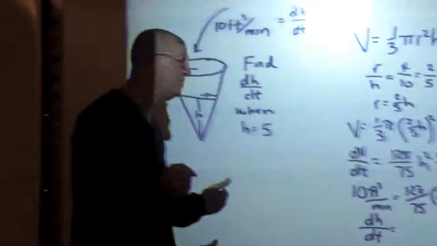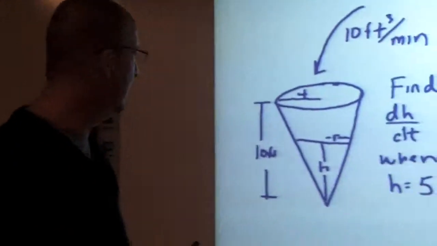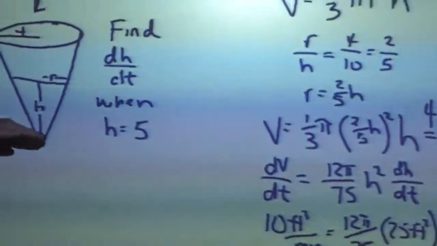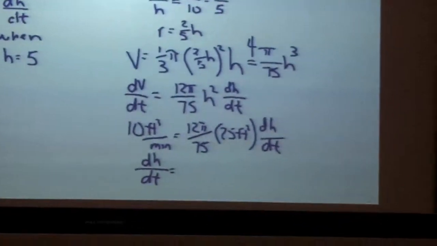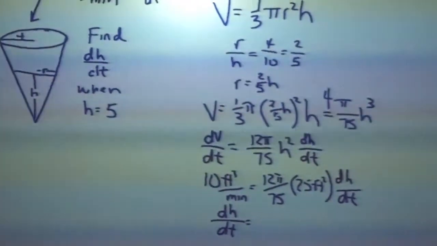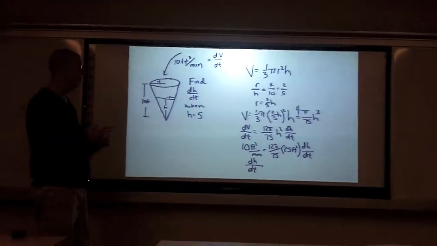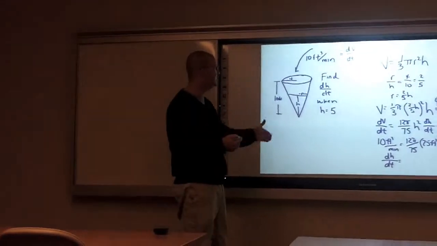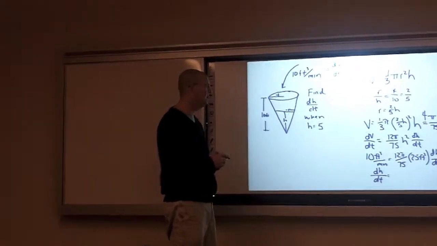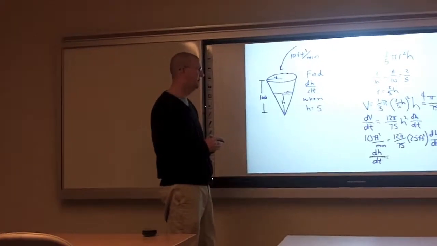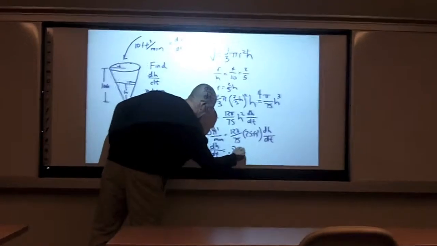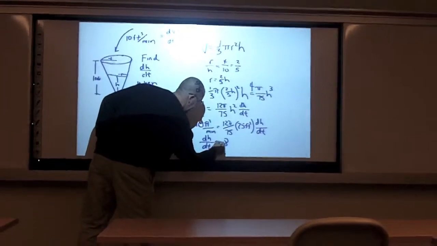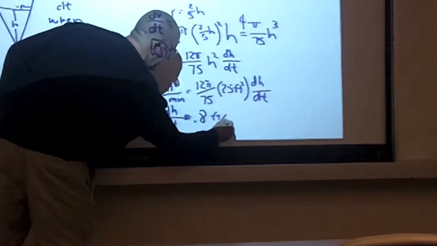Now, will this be a positive 0.8 or a negative? Well, the height is rising, so it should be positive. And that's how this all works. We're very nice, we're very pleased. It comes out exactly the way we want it to. Approximately 0.8 feet per minute.